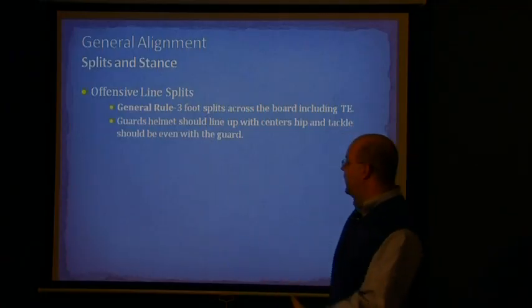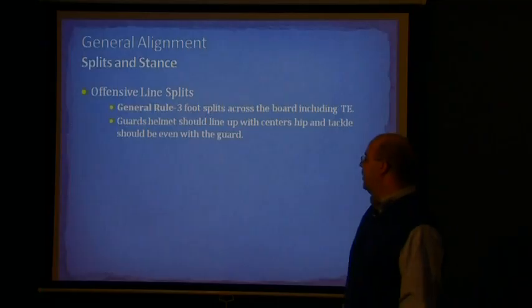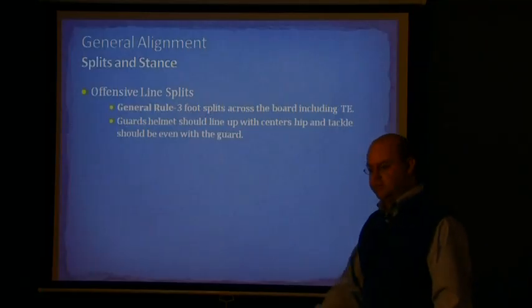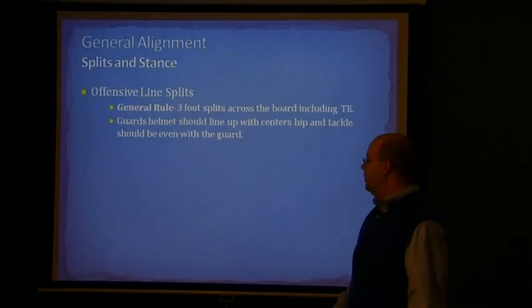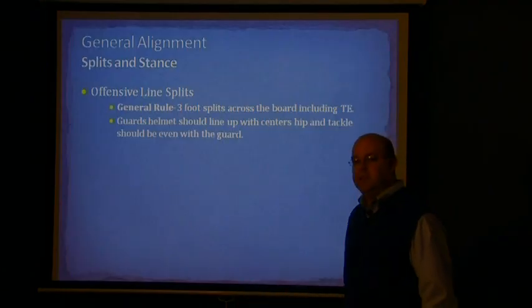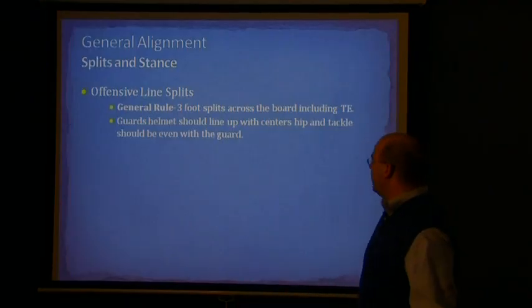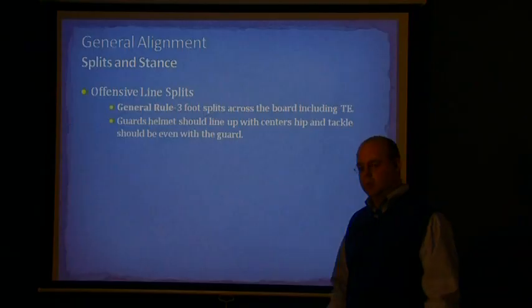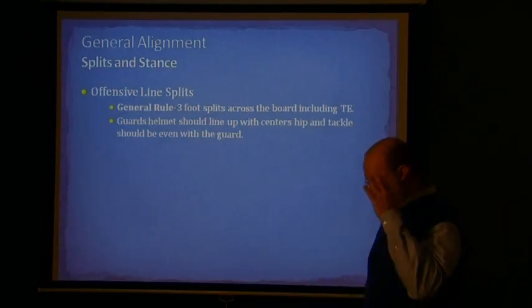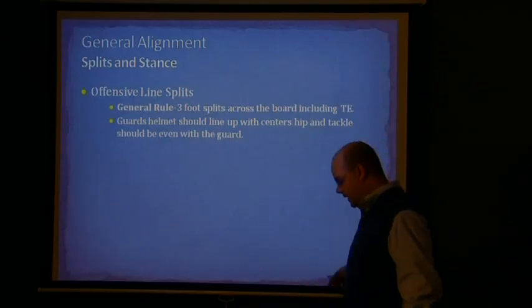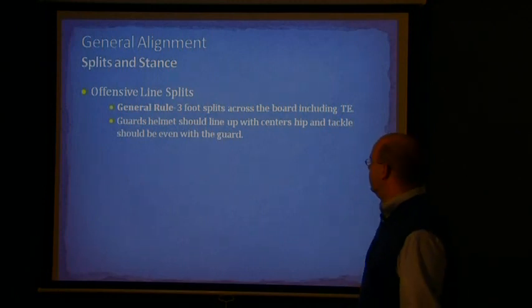As far as where we align off the ball, we tell our guards, when the center's in his stance, your helmet should line up with his hip, and then the tackle should be even with the guard. So, generally, guard's helmet to center's hip, and then even the rest of the way, including the tight end.